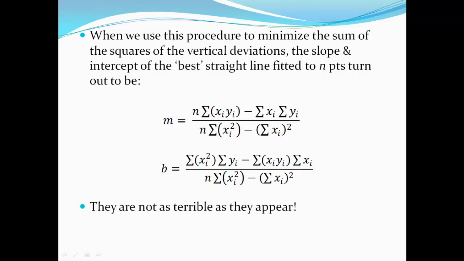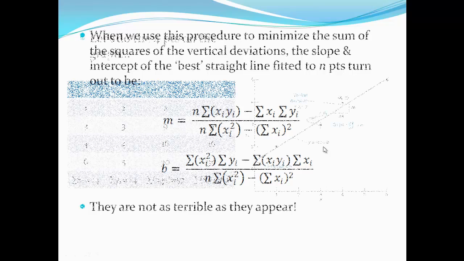So what we're going to do is create a table of all of these things so you have them, and you'll see that this is very simple. All you're doing is plugging in numbers. It's not rocket science. We're going to use these equations to calculate least squares for the points that I showed you previously in that graph.